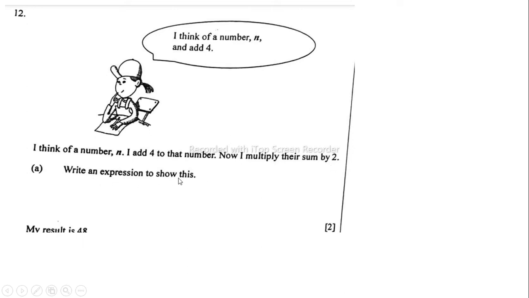Write an expression to show this. Try it. I think it's a good one for you all to try. I think of a number and I add 4 to that number. Now I multiply their sum by 2. Write an expression to show this. Any answers for me?